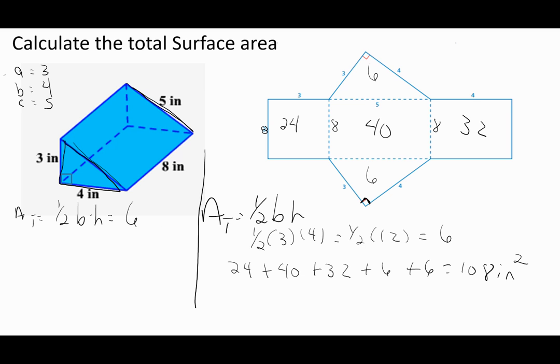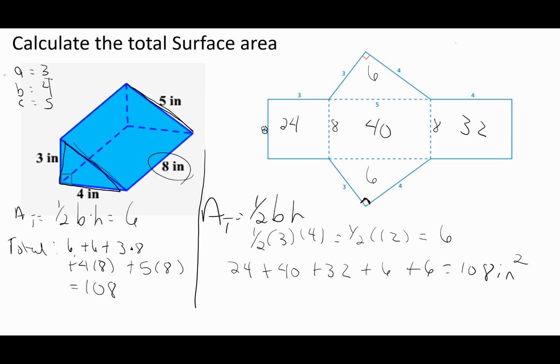And then the sides, another way you can do this is you can say the total area is 6 plus 6 plus side length 3 right here times 8 plus 4 times 8 plus 5 times 8. 108.